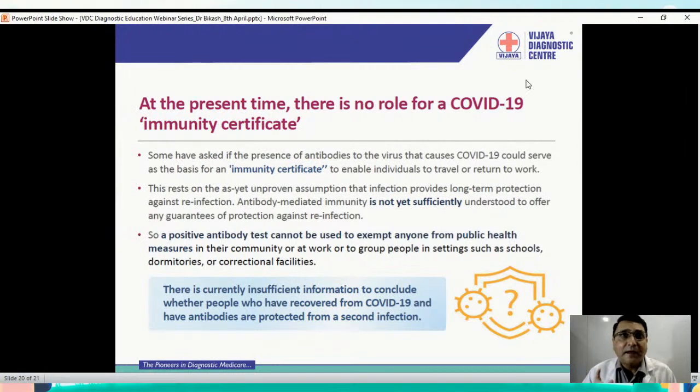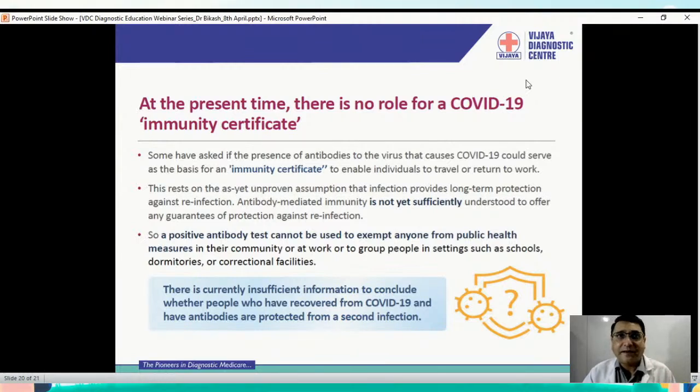Now, all these assumptions of immunity certificate or immunity passport rest on the as yet unproven assumption that the infection provides long-term protection against reinfection. Antibody-mediated immunity is not yet sufficiently understood to offer any guarantee of protection against reinfection.